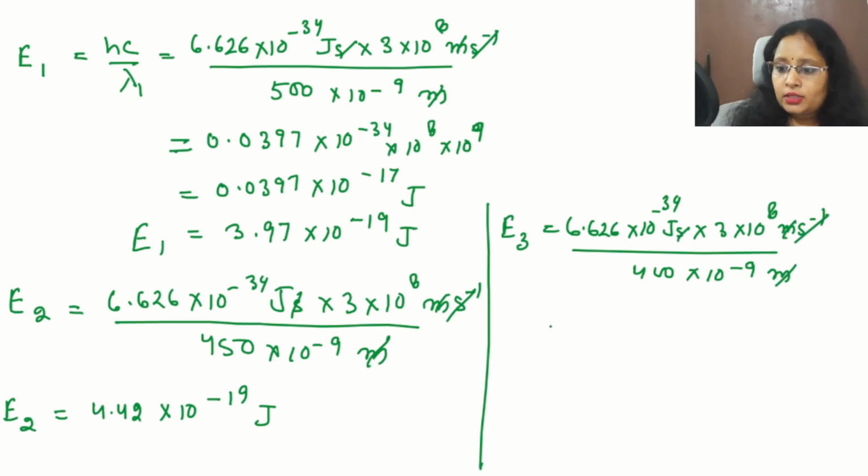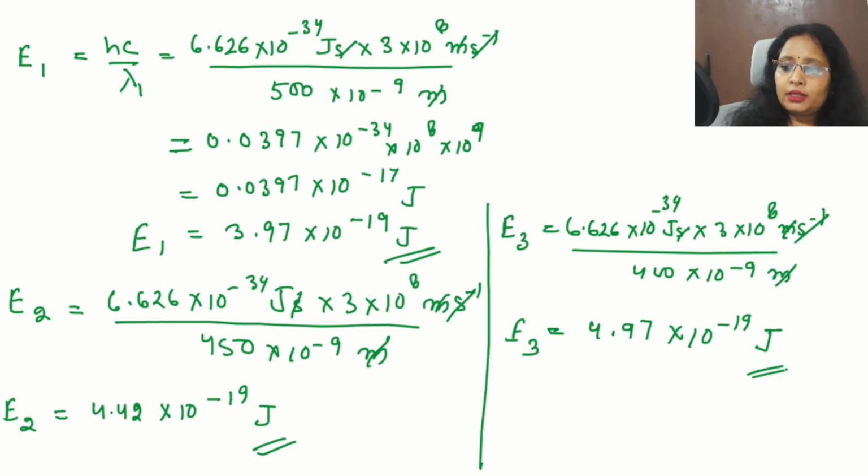If we do the calculation, we will get the value 4.97 into 10 to the power minus 19 joules. This is the value of energy number 3. So in the same way we get E1, E2 and E3. Here is our E1, here is E2 and here is E3.